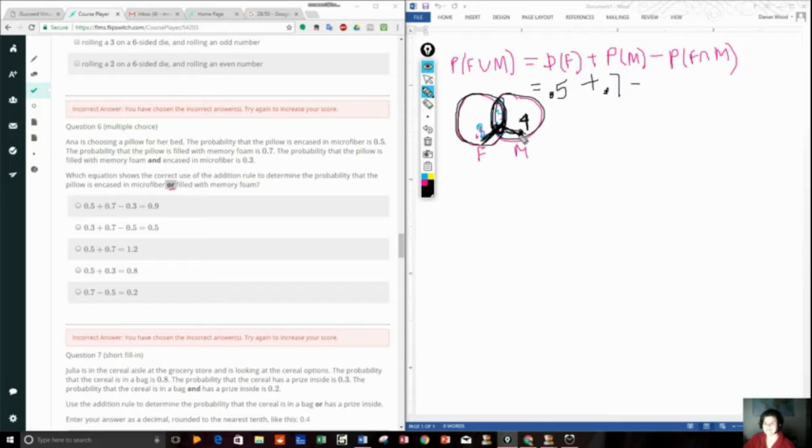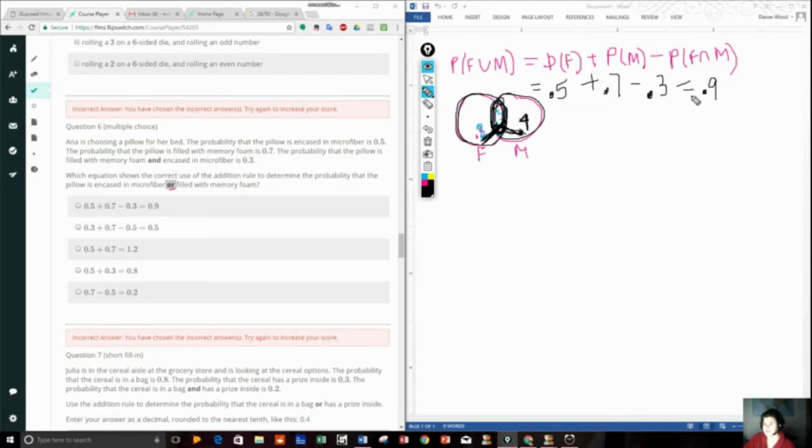The probability of it being in microfiber is 0.5, so that includes this 0.3 intersection. The probability of it being memory foam is 0.7, and that includes the intersection again. So we're counting that intersection twice, and that's why you subtract it out. So we're going to subtract out 0.3. So 0.5 plus 0.7 minus 0.3 is going to equal 0.9.